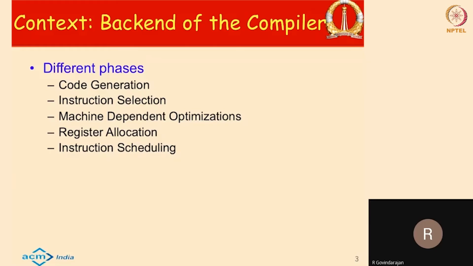One affects the performance of the other. Unfortunately, we may not have a lot of time to talk about it, but I will at least allude to that problem that we may face and what kind of solutions can possibly be had. So what we are going to focus on in today's lectures is mostly register allocation and to a certain extent instruction scheduling.